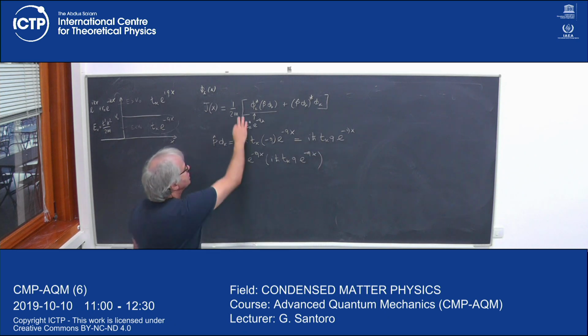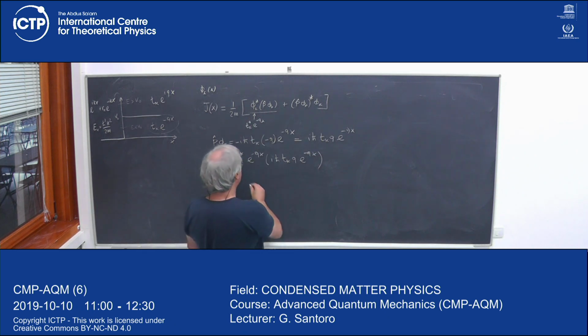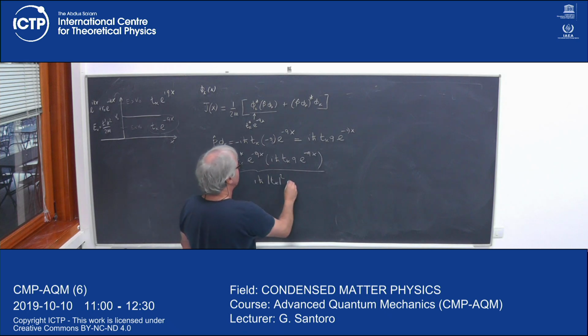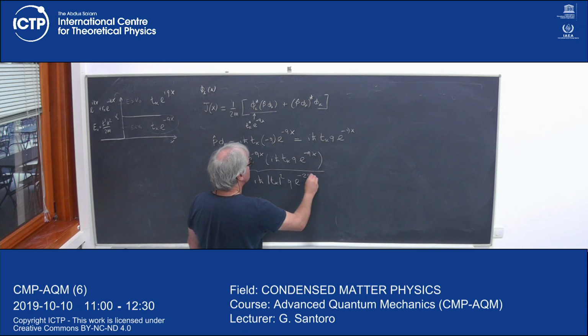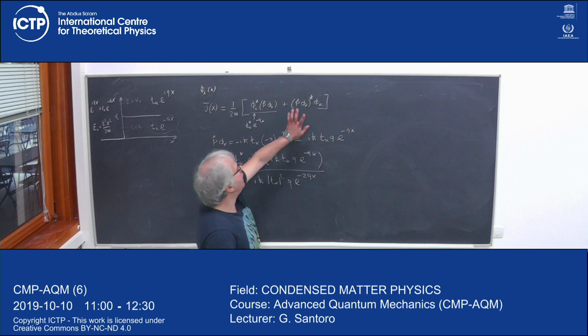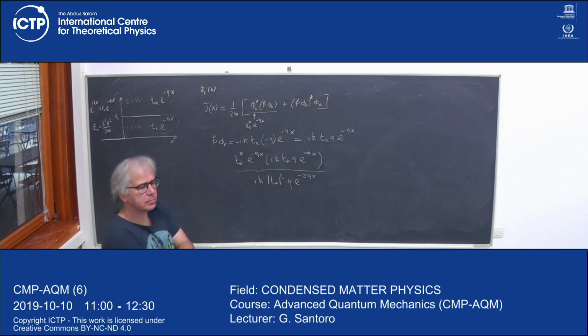I'm doing just this calculation. And the result of this object is i h bar, modulus of t_k squared, times q times e to the minus 2qx.